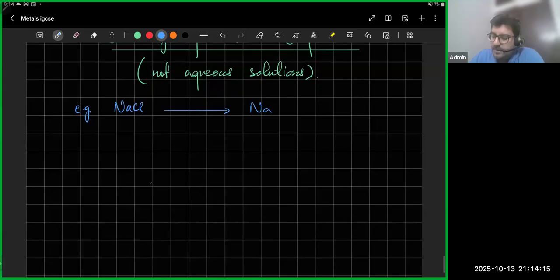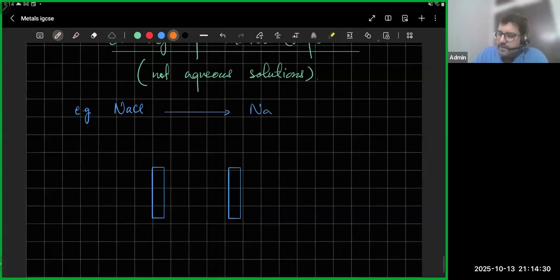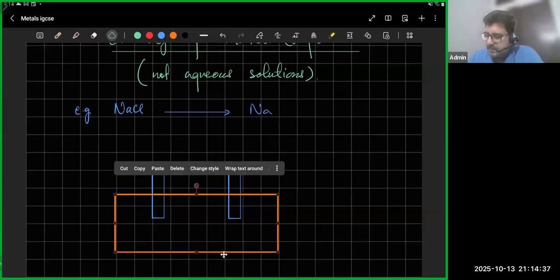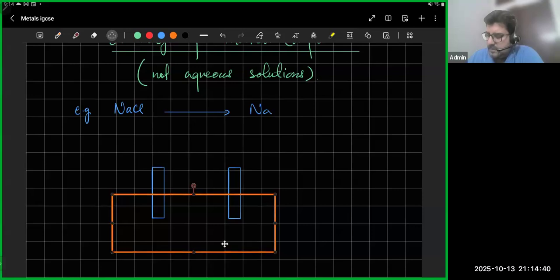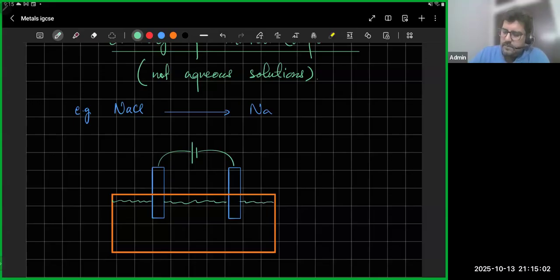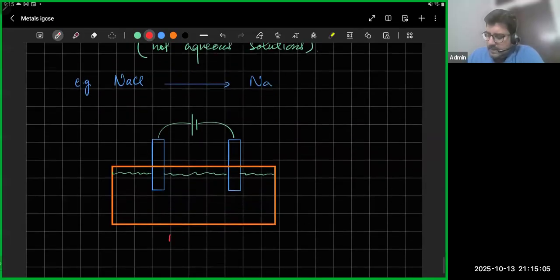I would need a cathode, so here's my anode, and let's make the cathode. We will have a battery.